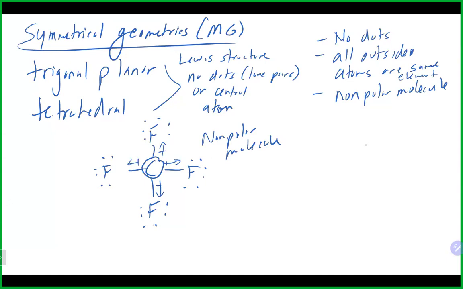Now, the exception to this is if I take this exact same sort of guy here, and instead of having 4 fluorines attached, I swap out one of those guys, say, for a hydrogen. Now, I still have polar bonds heading in these directions, right? But the carbon-hydrogen bond is actually nonpolar in this case, right?